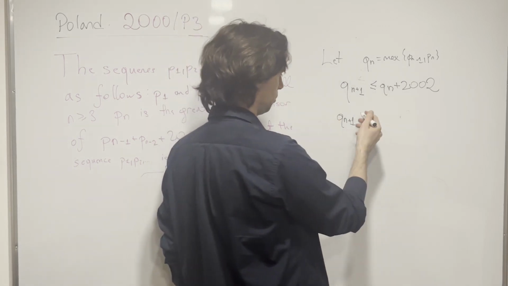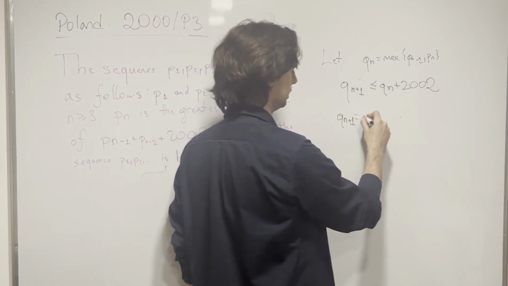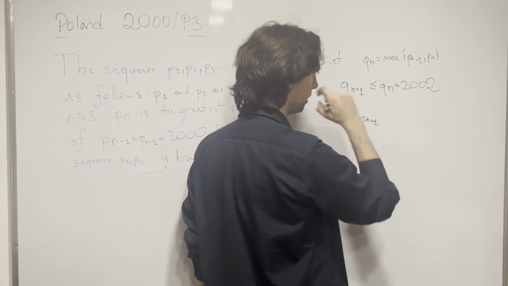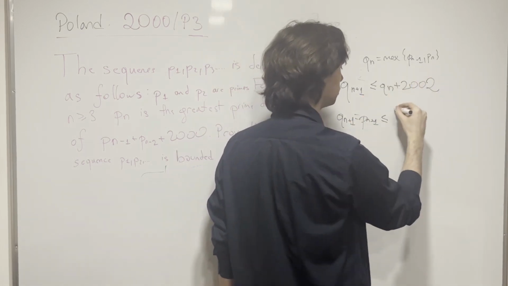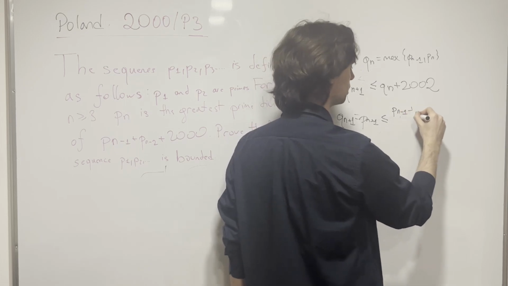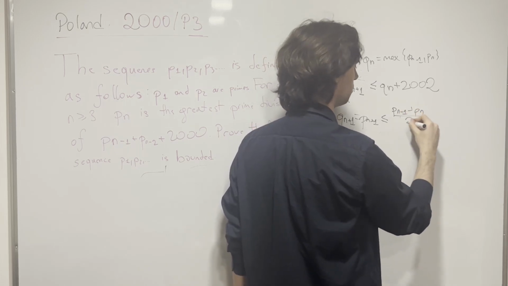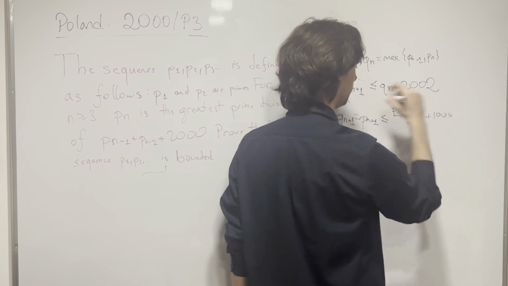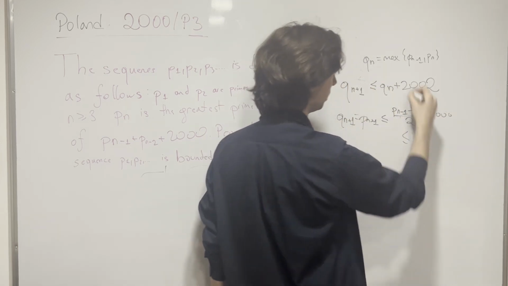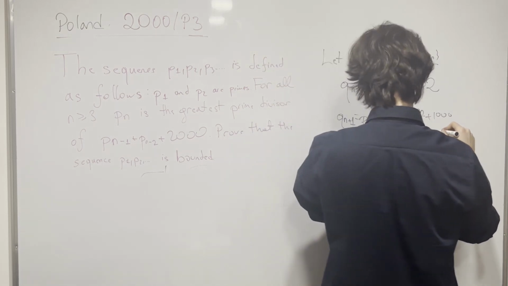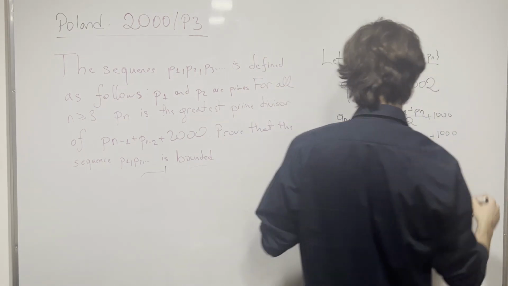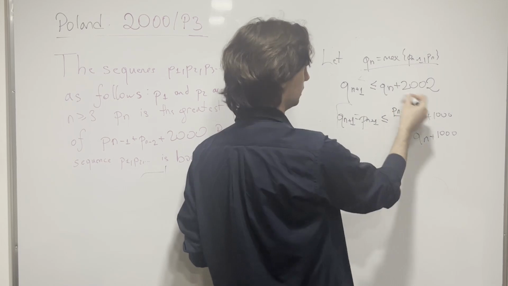But then we have Qn+1 equal to Pn+1, which is going to be less than or equal to the sum of these two, (Pn-1 + Pn)/2 + 1,000, which is going to be less than or equal to, given this is the max, Qn + 8,000. And so in that case, this inequality is true.